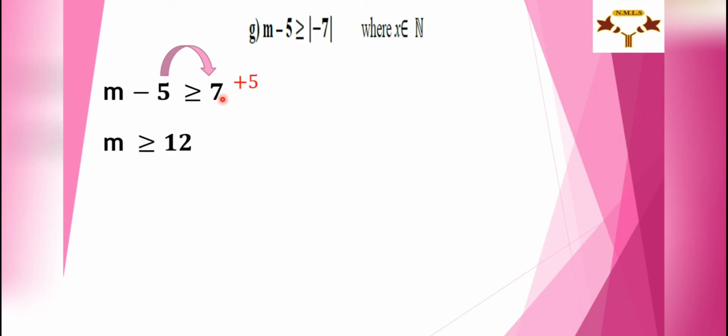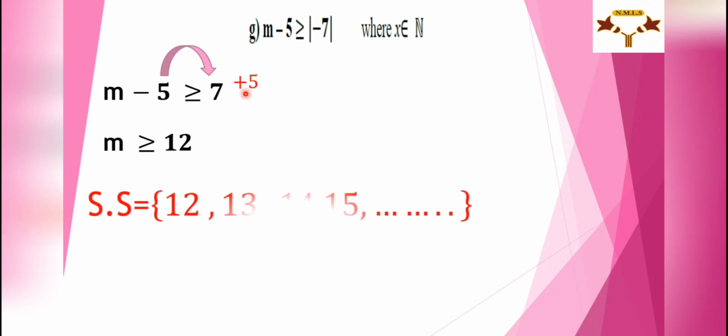So minus 5 will go to the other side and be positive 5. Then m greater than or equal to 7 plus 5, equal to 12.